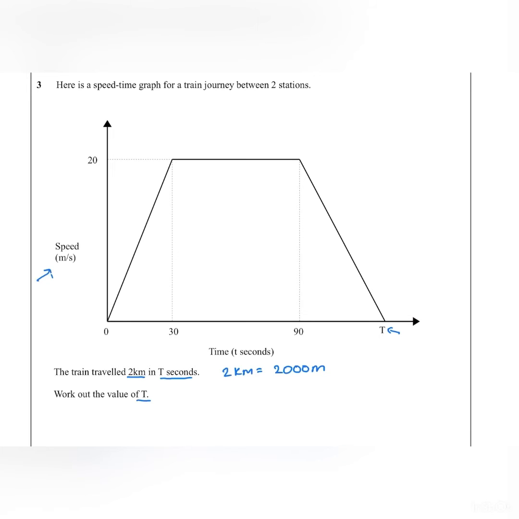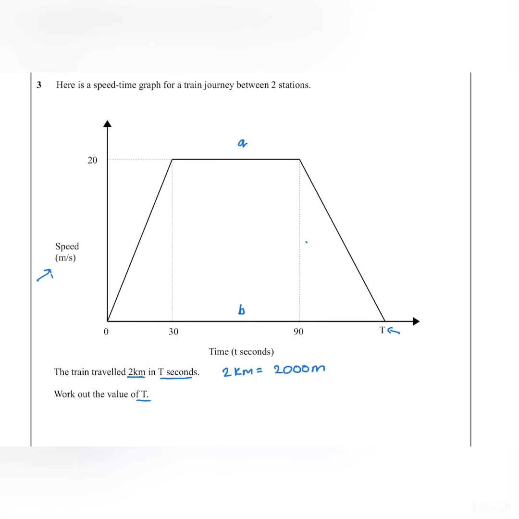Now remember the distance is the area under the graph here. If you look at this graph, it's in the shape of a trapezium. So we have A and we have B, and we haven't got the height of this trapezium. Well, sorry, we're given the height, which is 20.